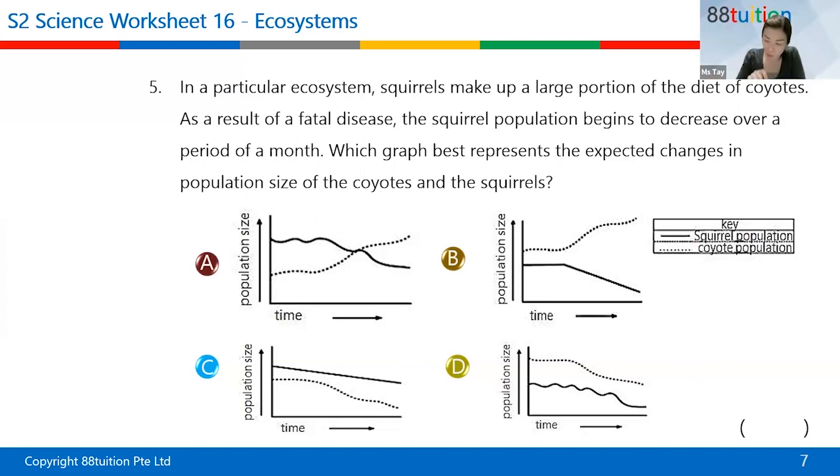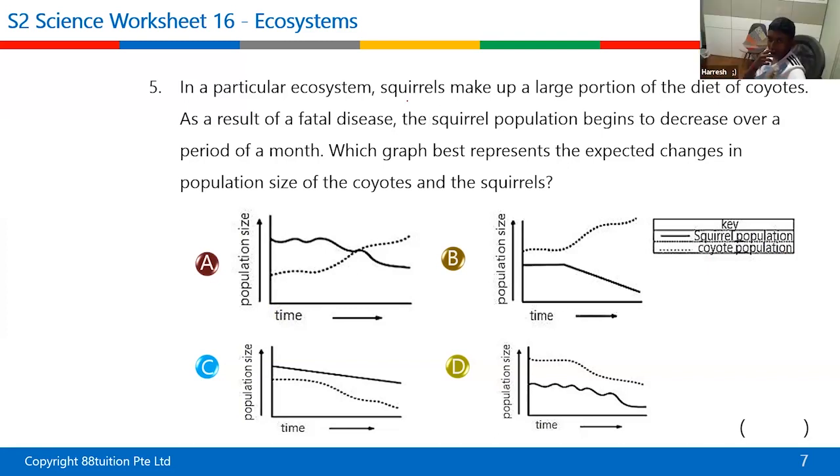You think that the squirrel actually eats the other organism. Is that right? Who goes into the stomach of whom? Haresh, tell me. The coyote eats the prey, the squirrel. The coyote eats the squirrel.